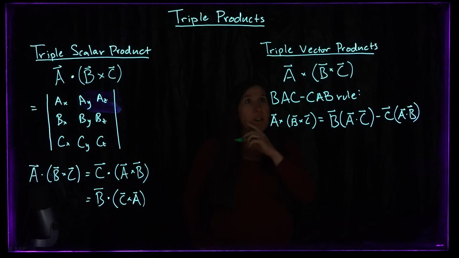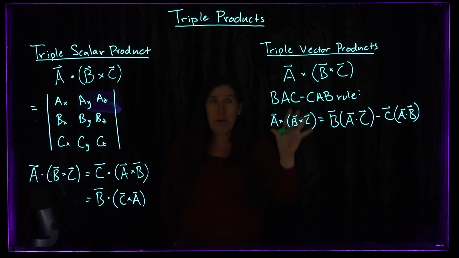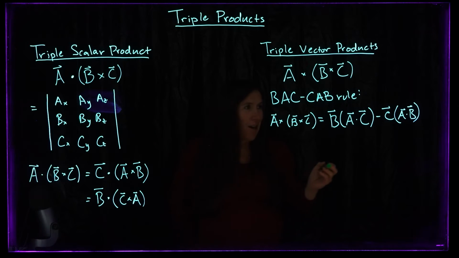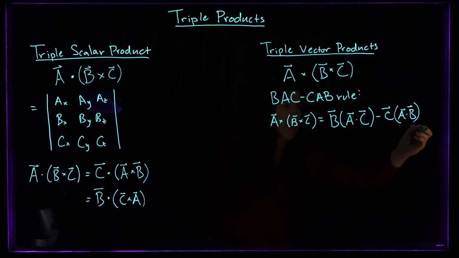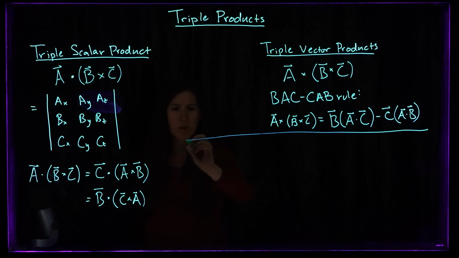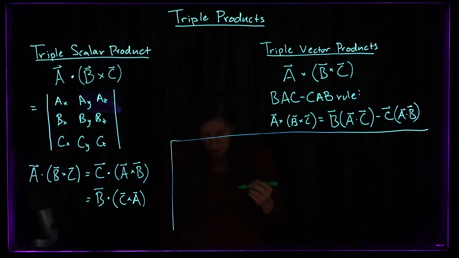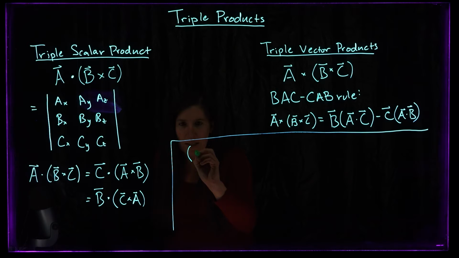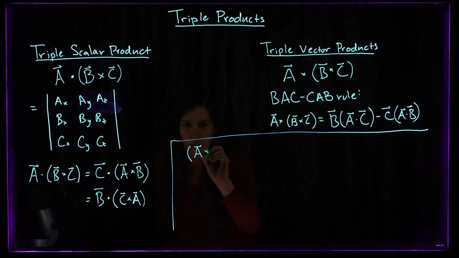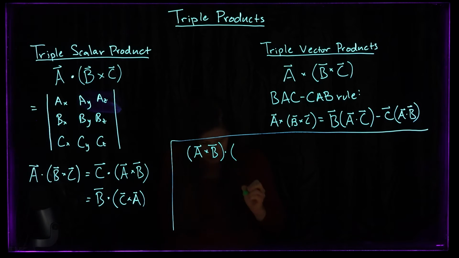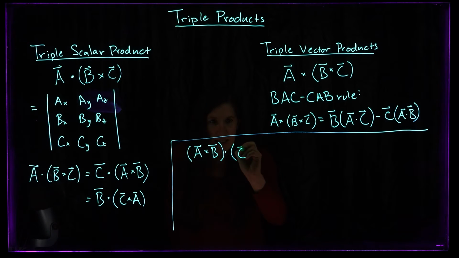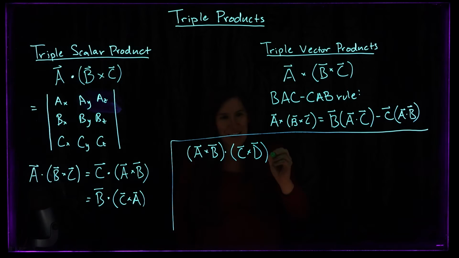We could consider sort of higher order vector products, which can really just be simplified down. So maybe I'll draw a box here. So if we want to do 4 vector products, they can be rewritten in terms of lower order products. So let's consider some of those. So we could take A cross B dotted with C cross D. This is a 4 vector product, right?